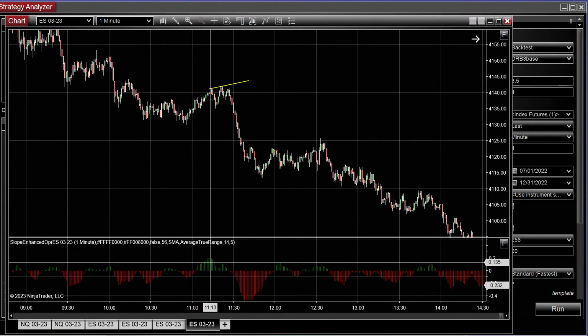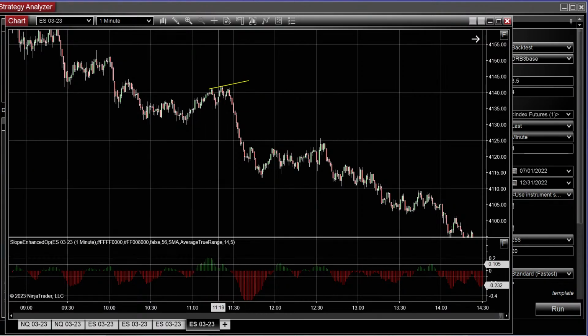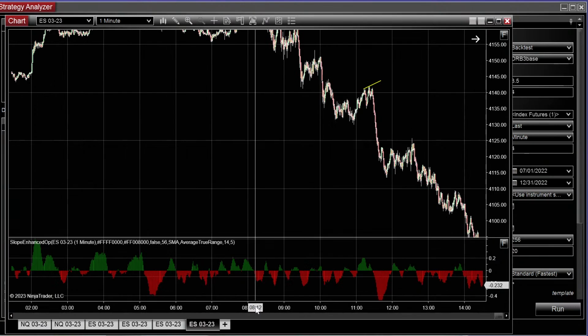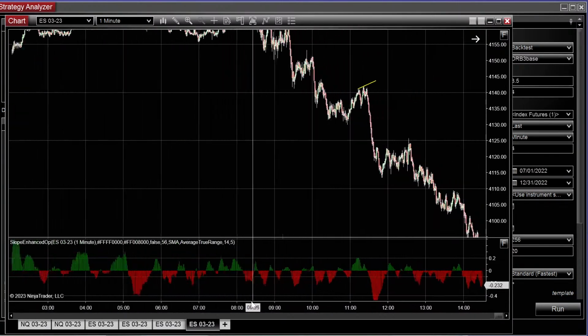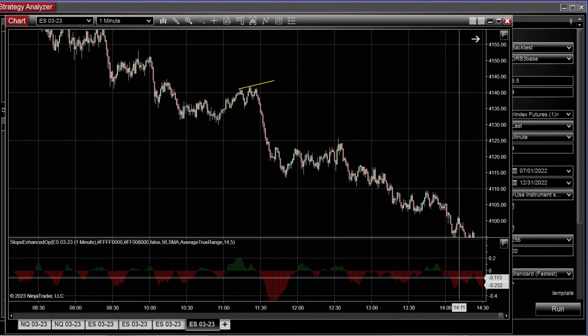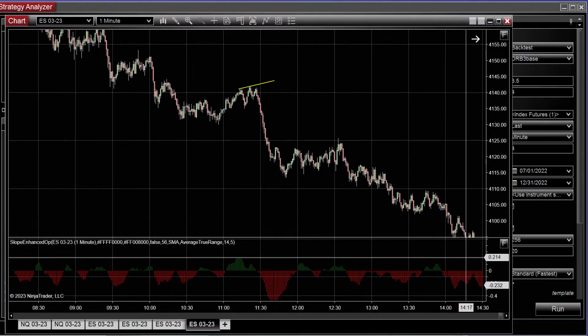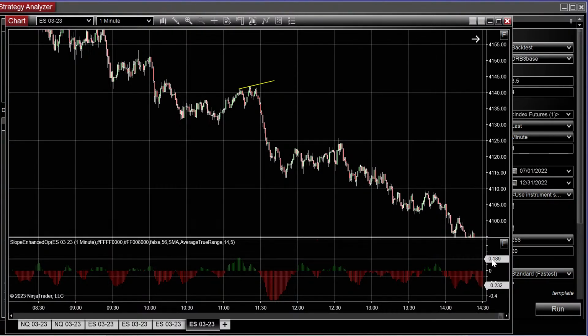And so, since we're using the actual slope values, it needs to be normalized for us to use it across multiple products. For example, we can see over here that 0.2 is considered a pretty good slope.